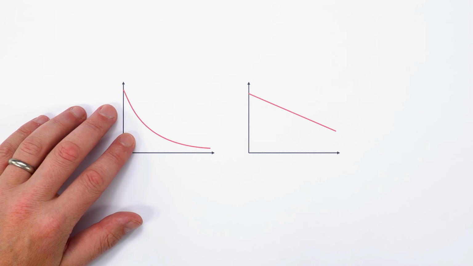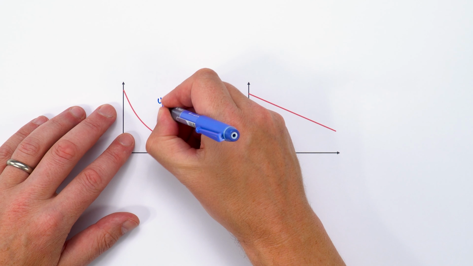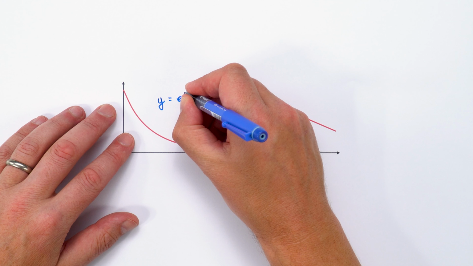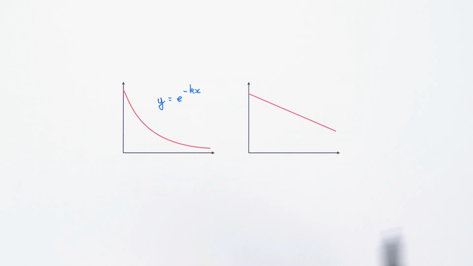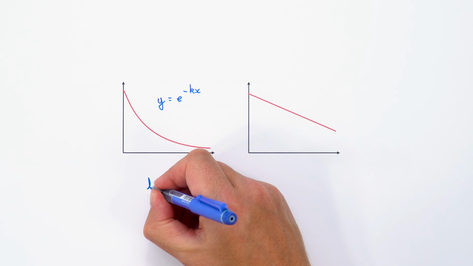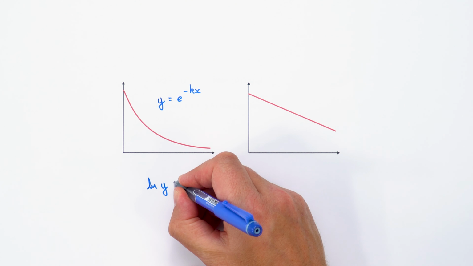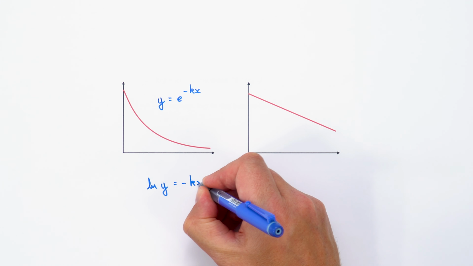What I mean by that is if we had this data here, this might be in the form of y is equal to e to the minus kx. So we've got an exponential decrease. If we were to take the natural log of both sides, we could say the natural log of y is equal to minus kx.